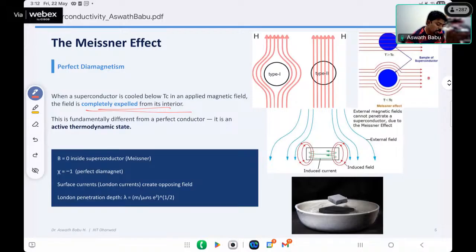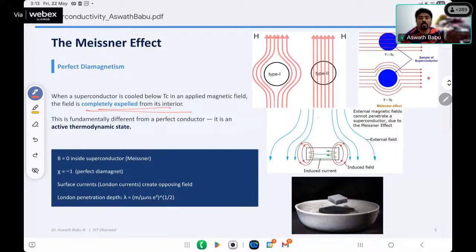If it is expelled, that is a type 1 superconductor. The phase change actually happens depending on the temperature. So if I have the same material inside a magnetic field and the temperature is not appropriate, if it is more than the threshold, you know what happens? The field lines just go through the material.